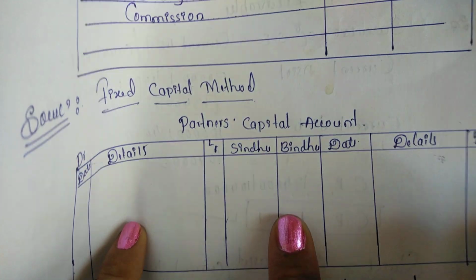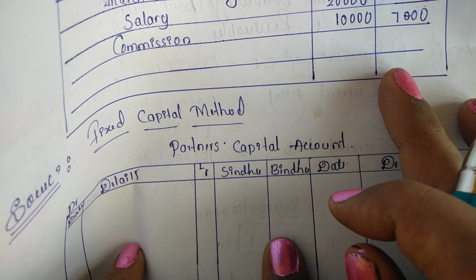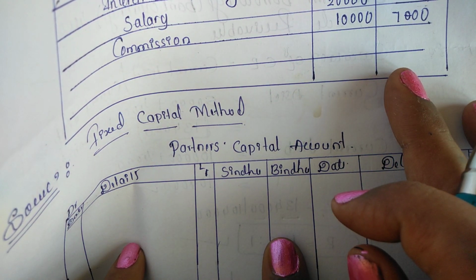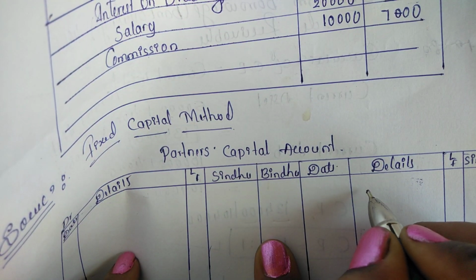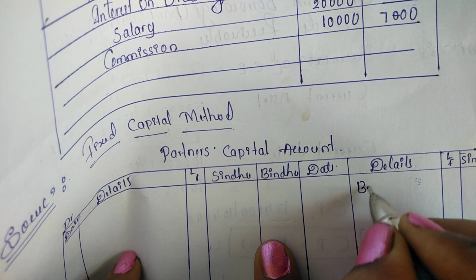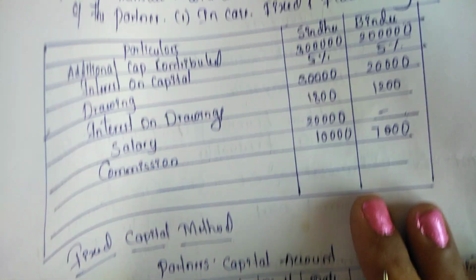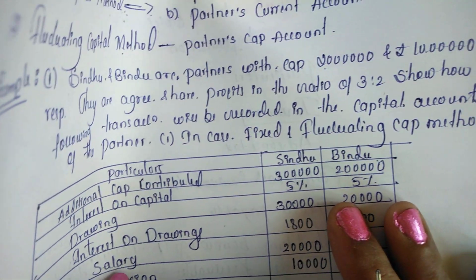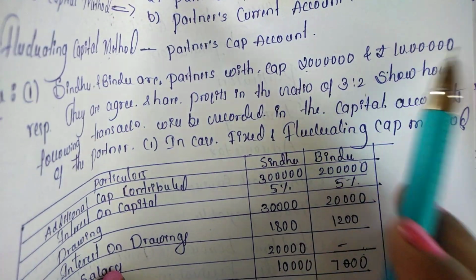First of all, in this problem no dates are given. That's why we enter the amount by balance brought down. The capital of Sindhu and Bindu given in the problem is 20 lakh and 10 lakh.